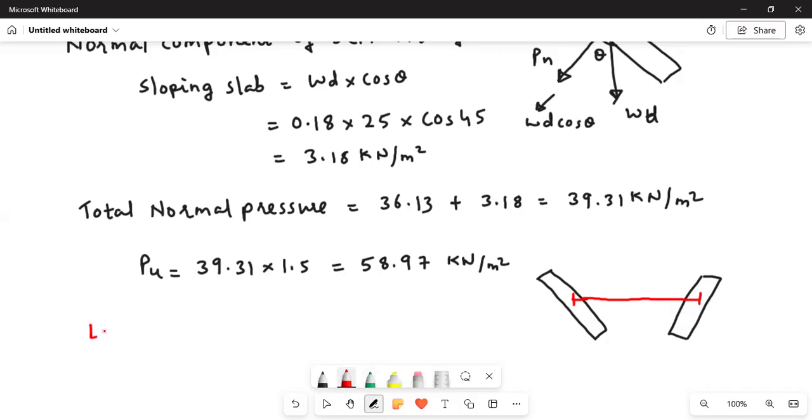So effective length equals mean length plus T, the thickness of the sloping slab, that is the thickness of the hopper bottom.